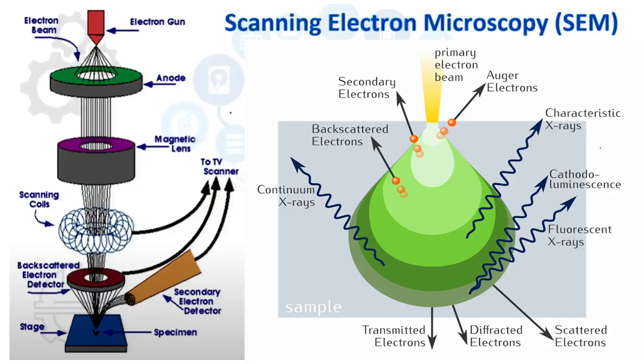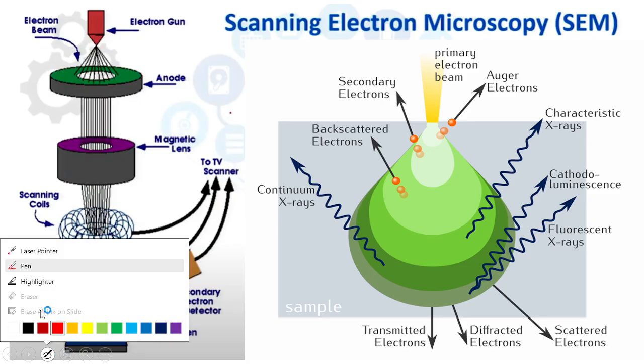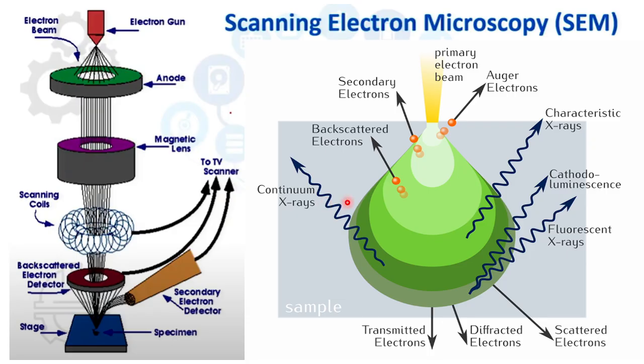Now in SEM, after the primary electron beam is hitting on the substrate, we have already discussed the different phenomena that happen. There are different types of electrons or X-rays generated after hitting the substrate.